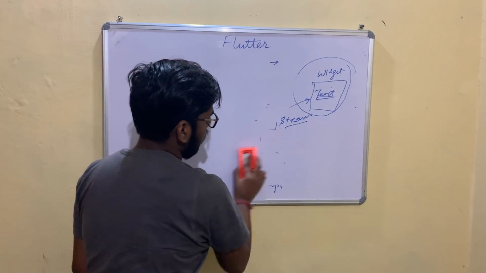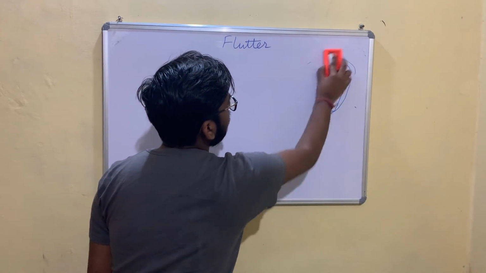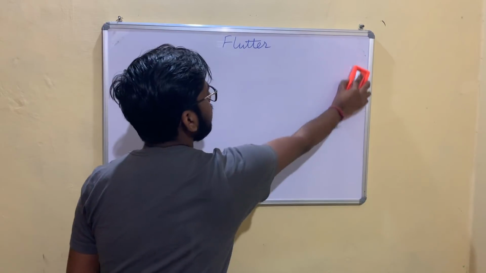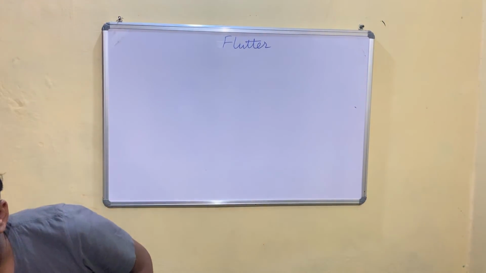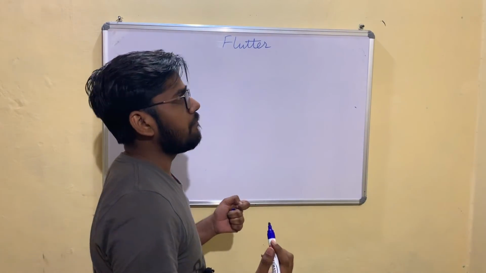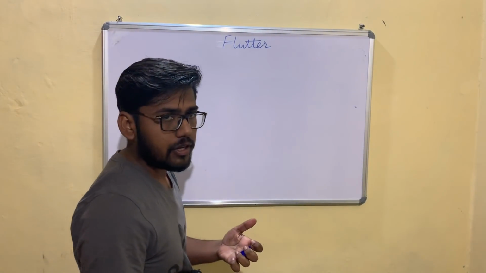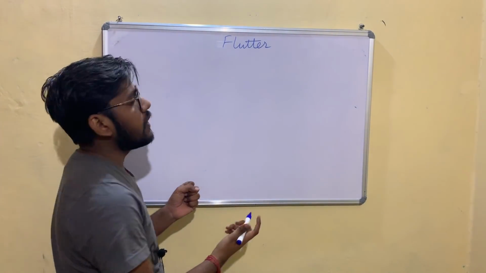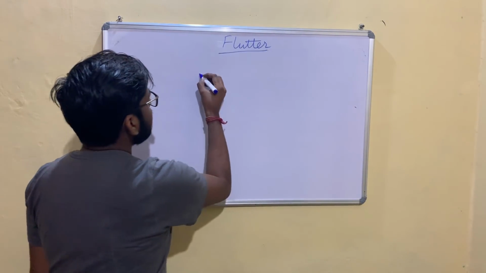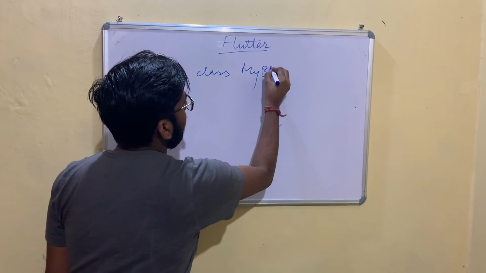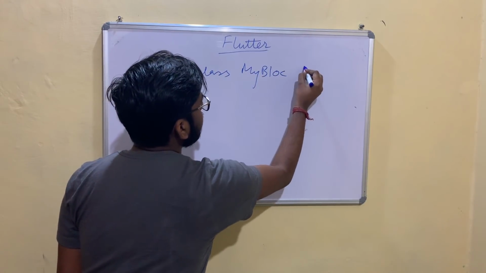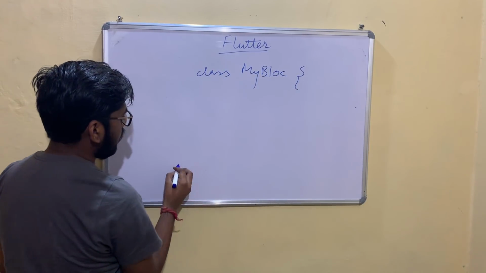One more time we will draw something. How will you make the BloC class? I'll explain in my way, it's not like everyone has to implement it like this. Let's say we have a class MyBloC. This is how we write it, and this is how we end it.